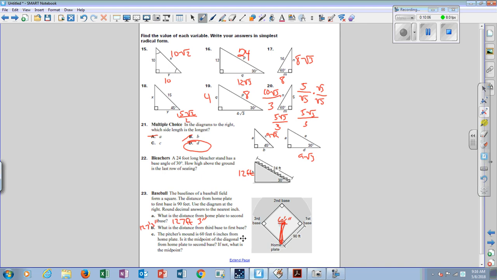So if we're looking at the midpoint of the diagonal, that would be cutting that 127 feet in half, and 60 foot 6 inches is not the midpoint of 127 foot 3 inches.